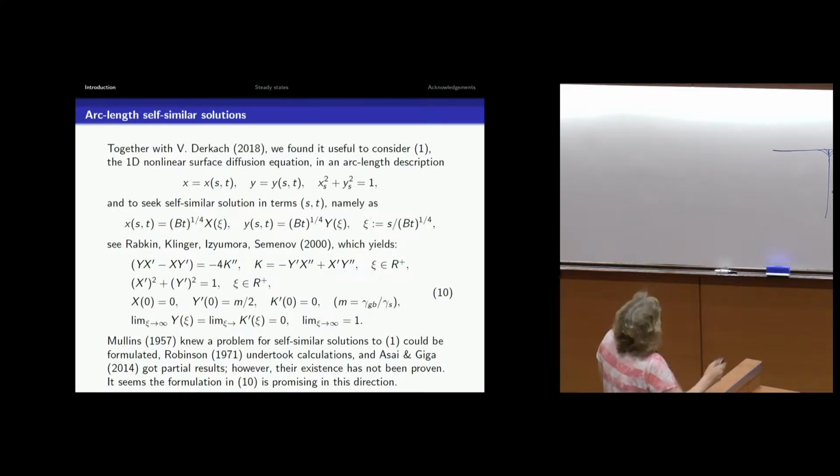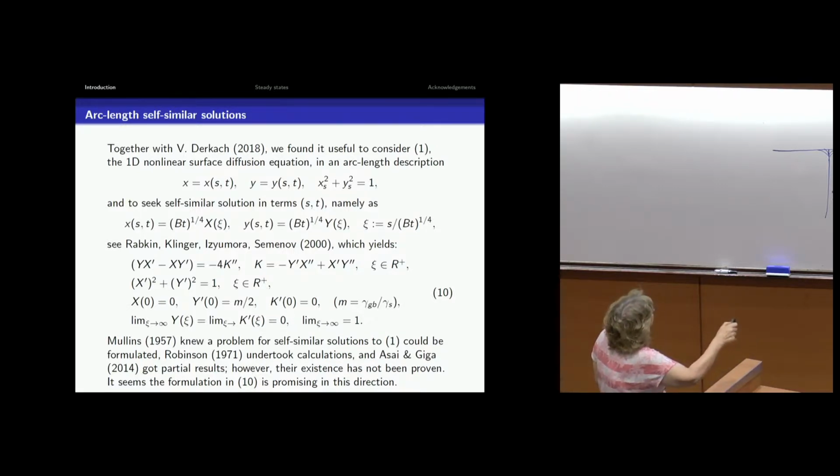So we took the nonlinear 1D surface diffusion equation, and we put in these arc length variables, S, the arc length variable, for X and Y and T, and then we looked for self-similar solutions in terms of this S and T.